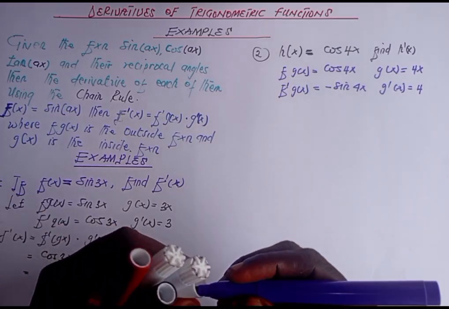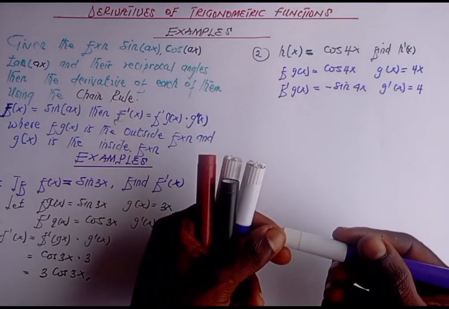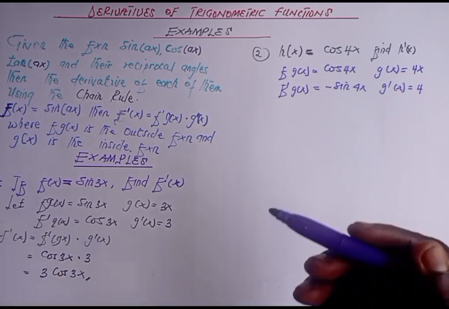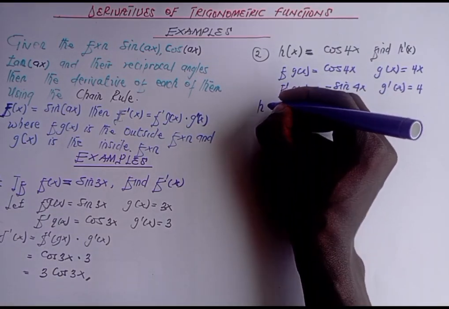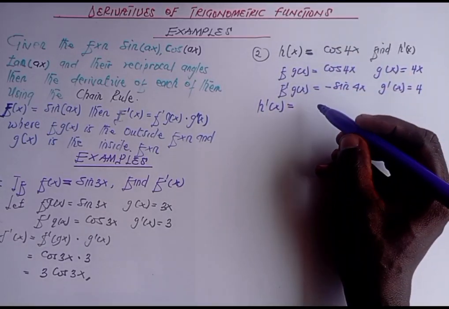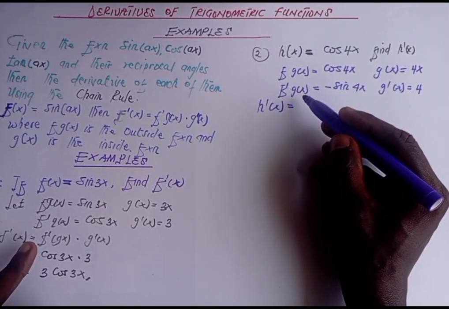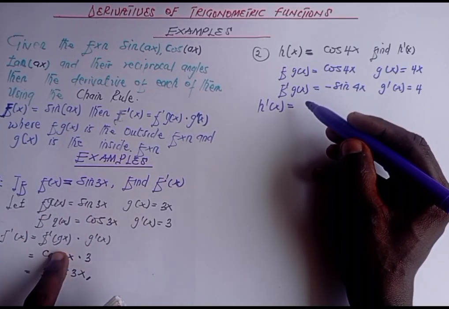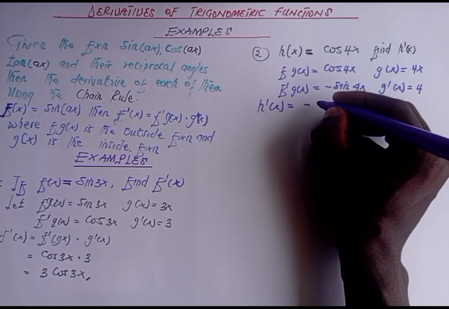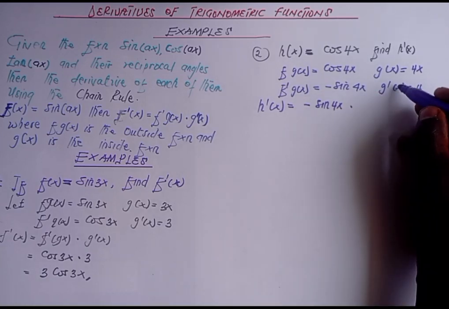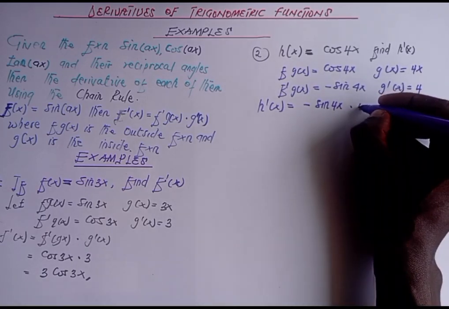The next thing we do is substitute the derivatives into the chain rule formula, which is given as this. So we have our derivative h prime at x of this function. We get negative sine of 4x multiplying the derivative of the inside function, and that is 4.